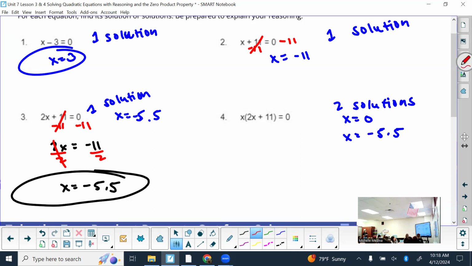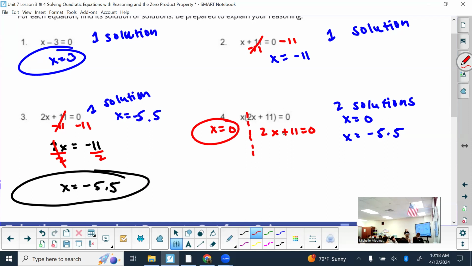Now, instead of just reasoning, guessing and checking, this might be more effective to figure out what x has to be to make it 0, because it could be either factor. Set each factor equal to 0 and solve for x. In this one, x is already isolated, so that's where we get the 0 from.